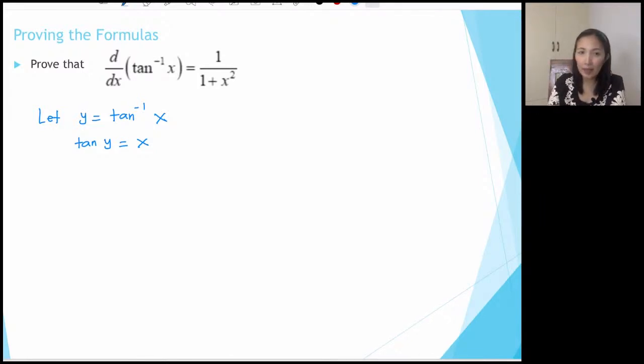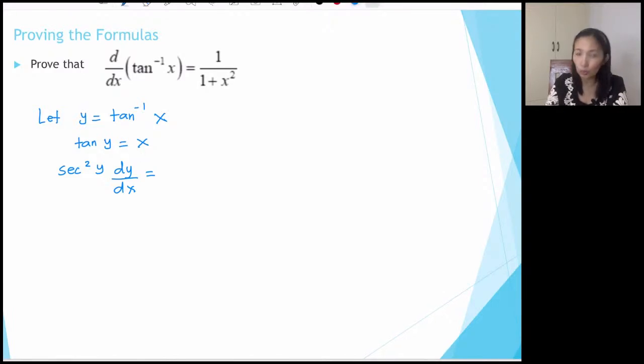Then, applying implicit differentiation, the derivative of tangent from our previous discussion is secant squared. So tan y has the derivative secant squared y dy over dx, equal to the derivative of x, which is 1.